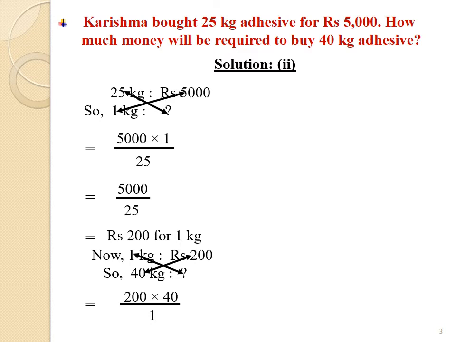Thus, writing 3 zeros at the end and multiplying the remaining digits 2 by 4 and keeping the denominator 1 as it is, we get rupees 8,000. Thus, rupees 8,000 will be needed to buy 40 kilogram adhesive.